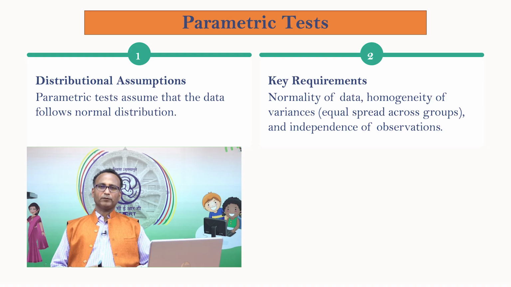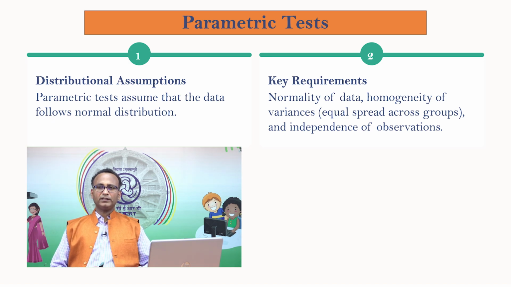I hope you have studied the normal distribution, the bell-shaped distribution that is symmetrical to the mean. That normal distribution must be kept in mind when you are thinking of using parametric statistics. Your data must be normally distributed.